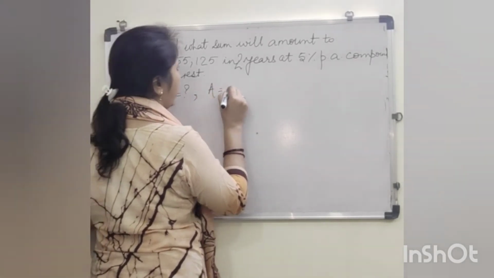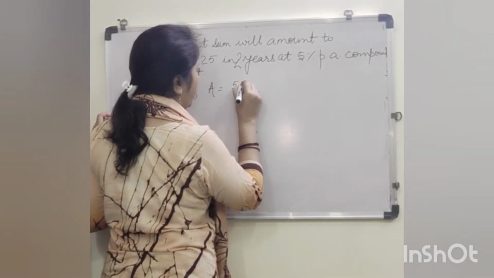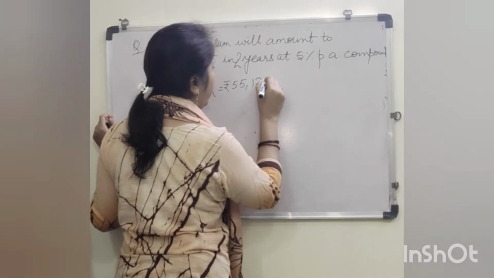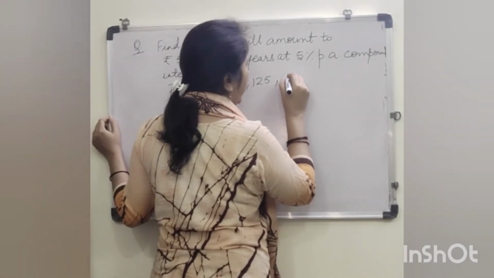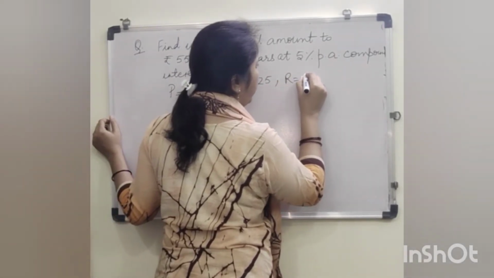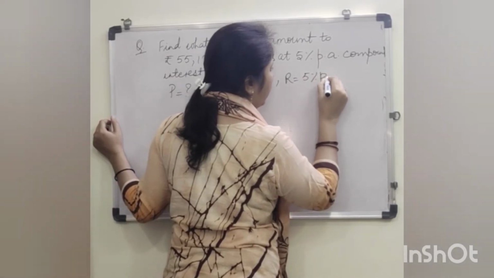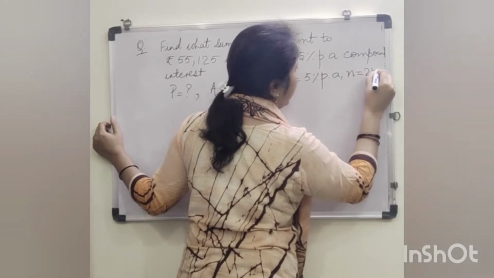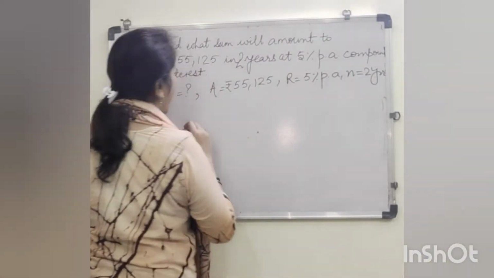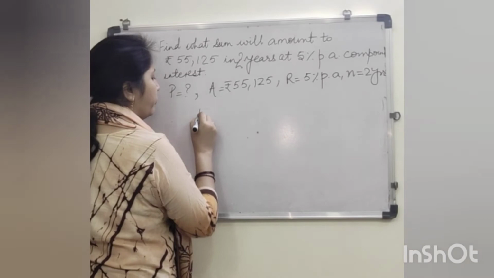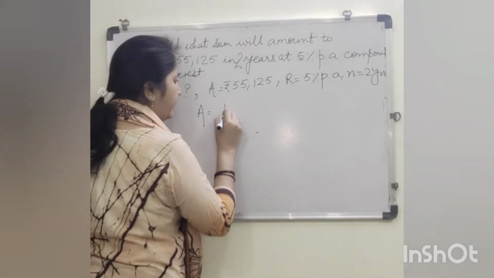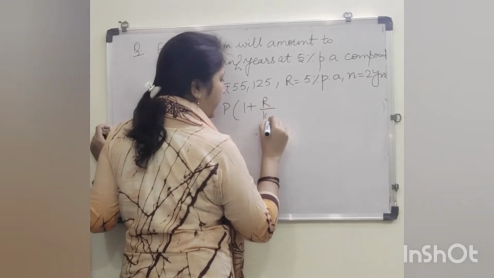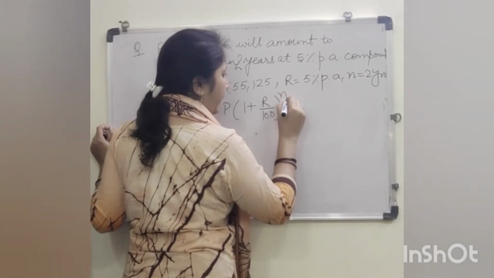Amount is 55,125. Rate is 5% per annum and time, that is n, is 2 years. We have to calculate principal, but first of all we write the formula. A is equal to P (1 plus R over 100) to the power n.